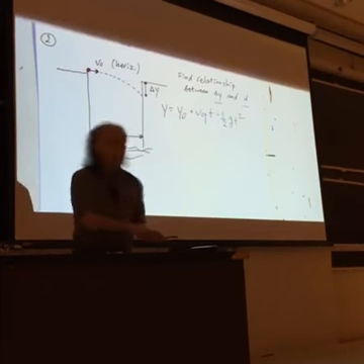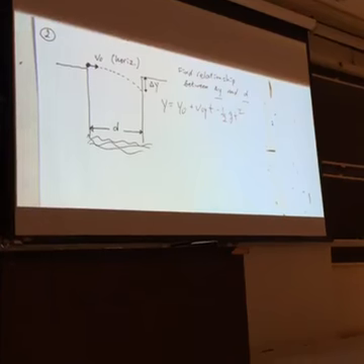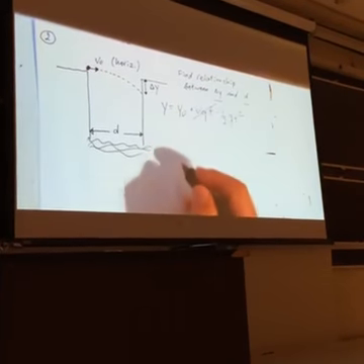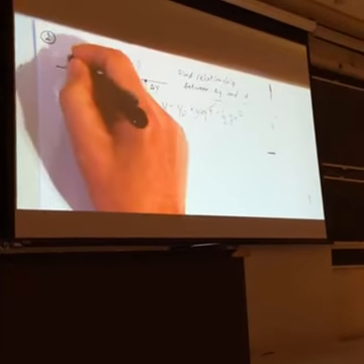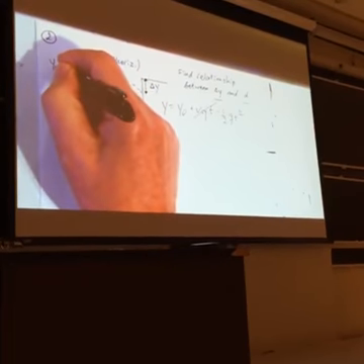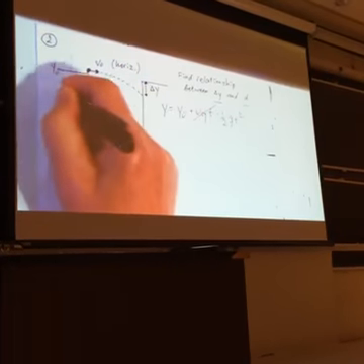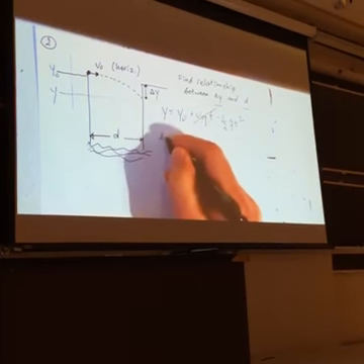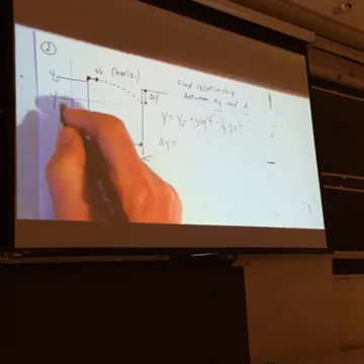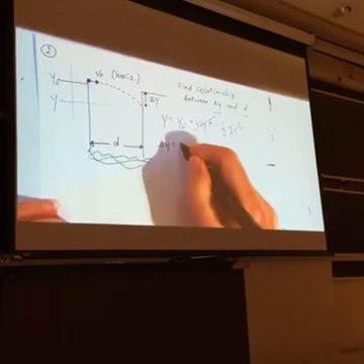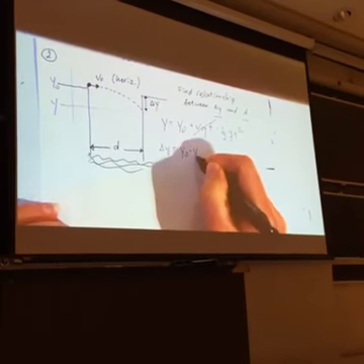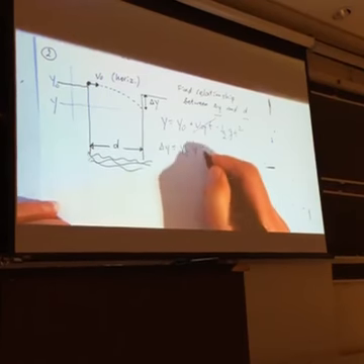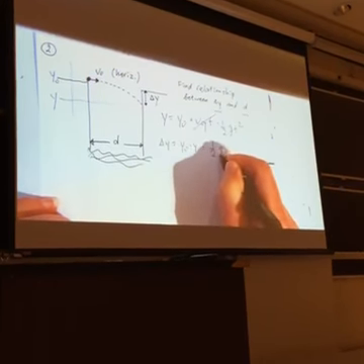There's only an x component. The velocity v0y is 0. This goes away, and then I can write, this is y0, this is final y. Basically, this delta y is y0 minus y. So y0 minus y equals 1/2 g t squared.